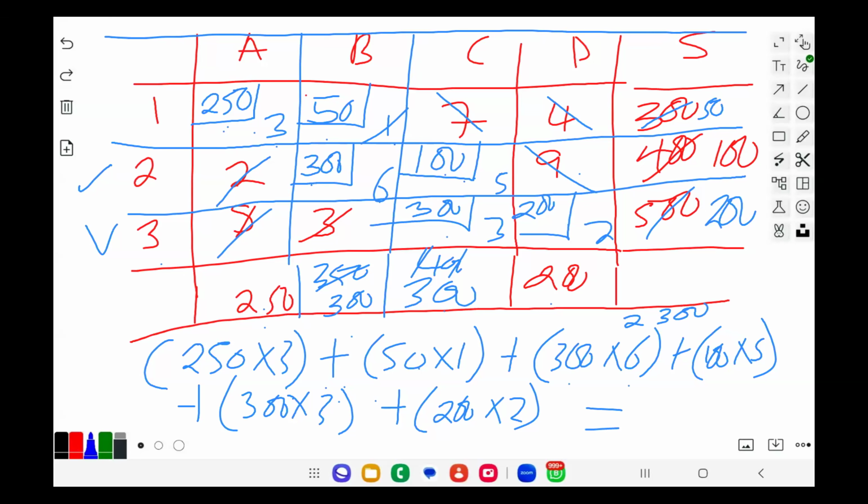That will be 2,300. This will be 1,800. What is this? 750 plus 50, it will be just 800, right? Then this will be 900, 1,300. So we are just adding those three: 2,300 plus 1,300.